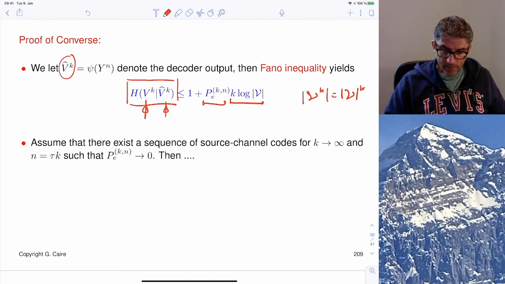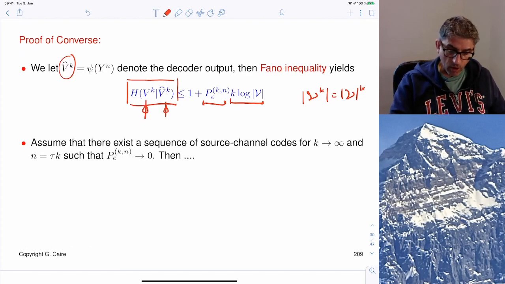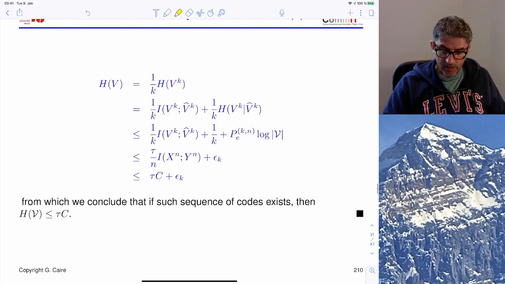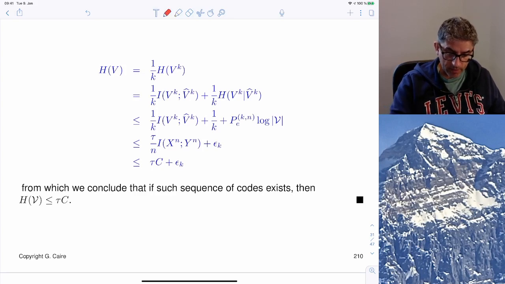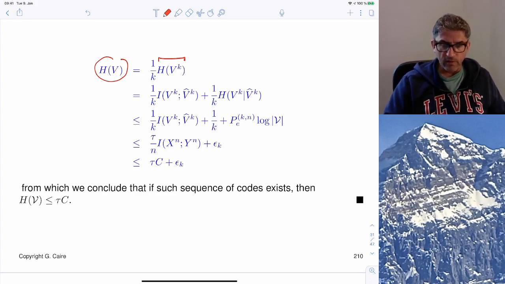Now we assume that there exists a sequence of codes with compression ratio tau and vanishing probability of error, and then we simply work out these inequalities. The source is memoryless, so the entropy of the source is just 1 over k times the joint entropy of a sequence of length k.